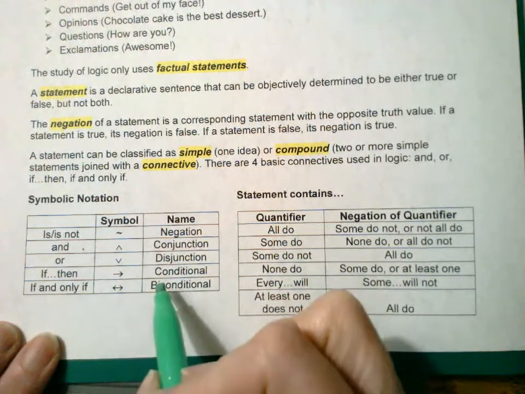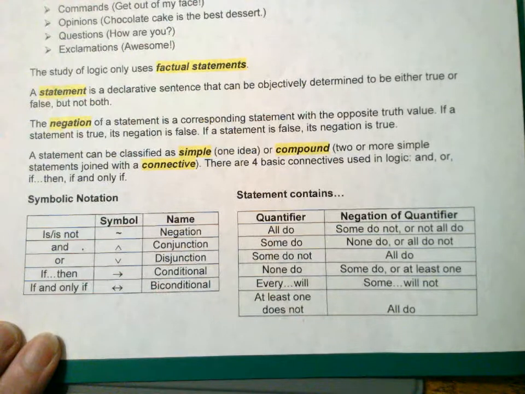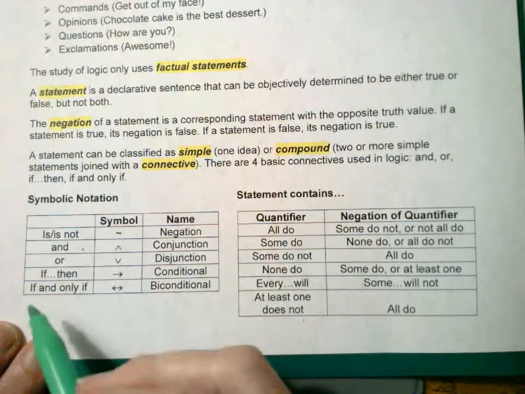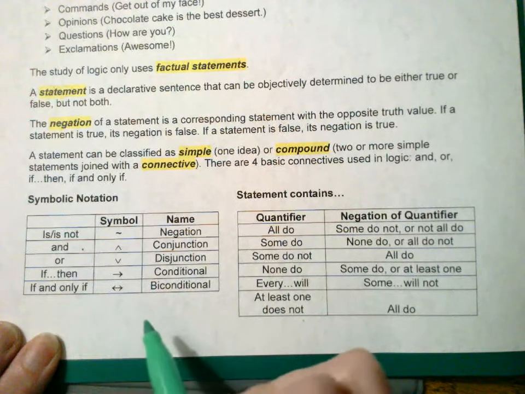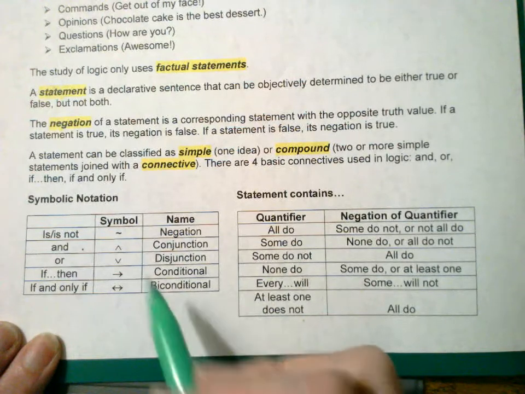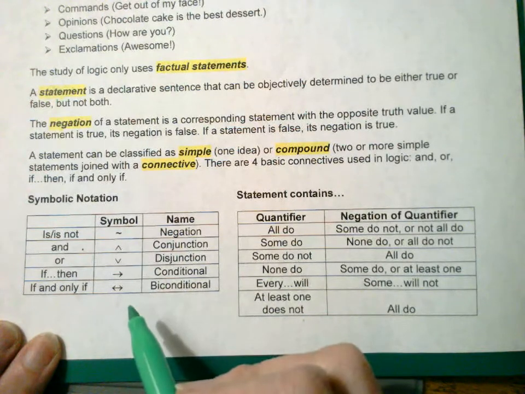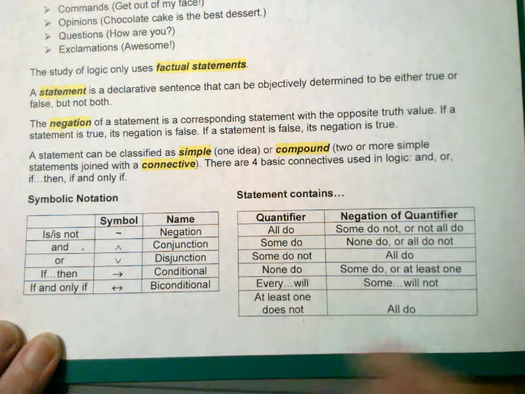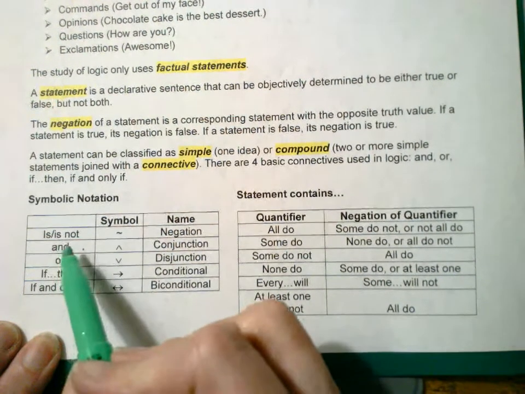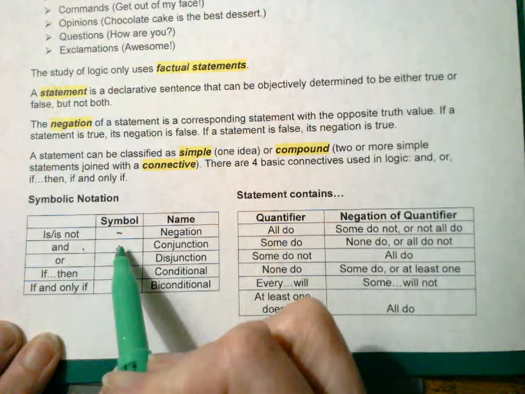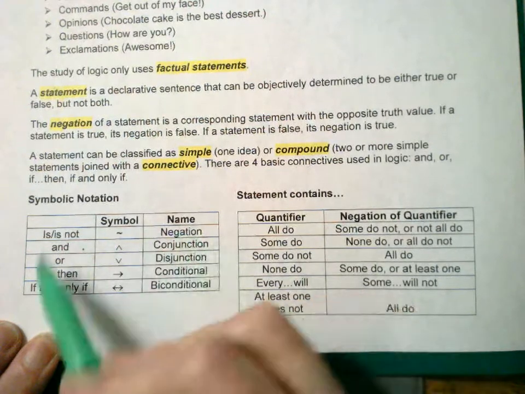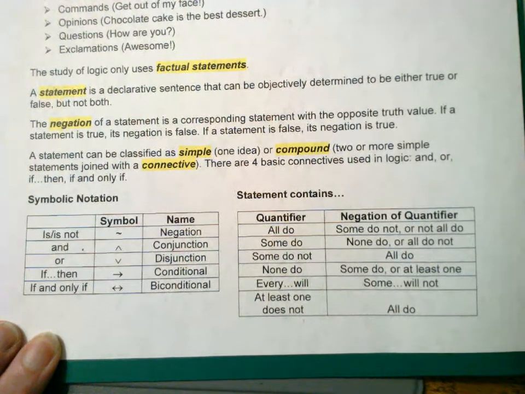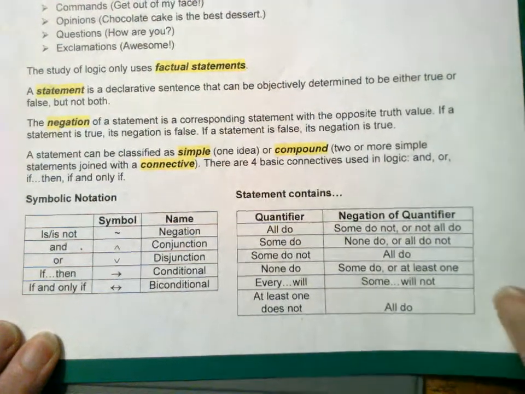If then is a conditional. If that happens, then that will happen. So it's conditioned. And a biconditional, if and only if this other thing happens. Okay, and these are the specific symbols that we will use. Those won't change. You have to remember that and is this symbol, and it means a conjunction. So you have to have these charts handy when you're working on this entire chapter.